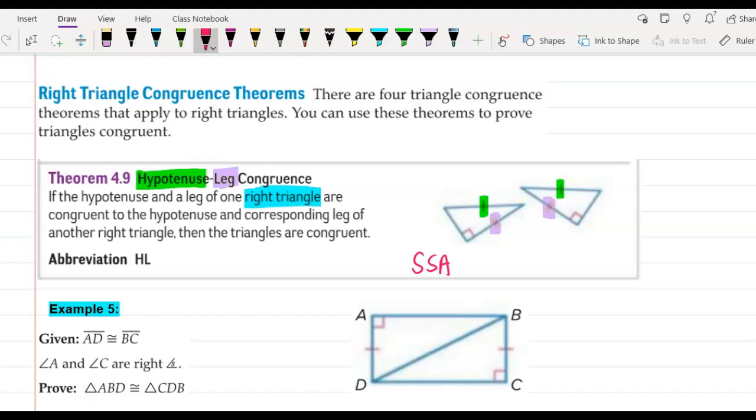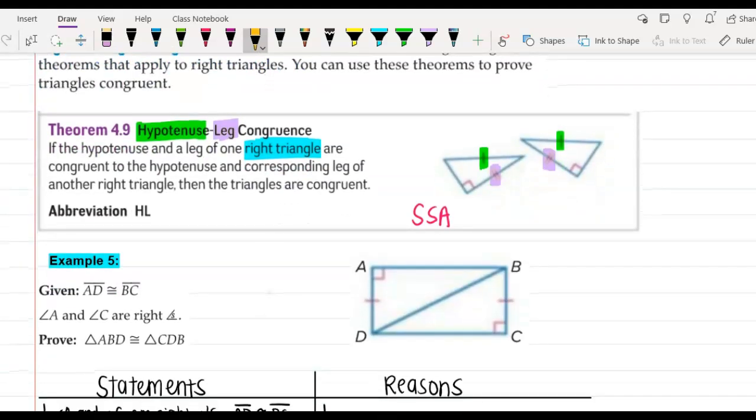And remember, we're not allowed to spell a bad word. You're never going to have SSA or ASS because that's a bad word, and we're not going to write any bad words on our paper. So this is really SSA, but because it's a right triangle, we're going to call it hypotenuse leg. But remember, this can only ever be used for right triangles.